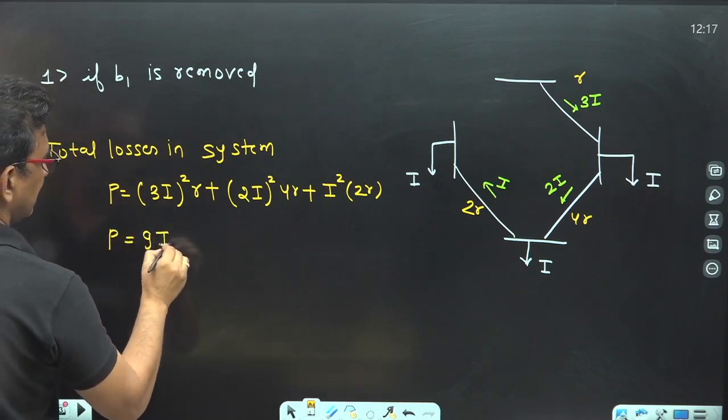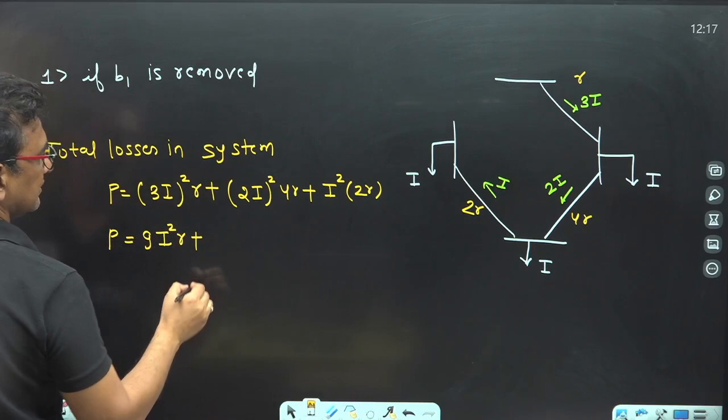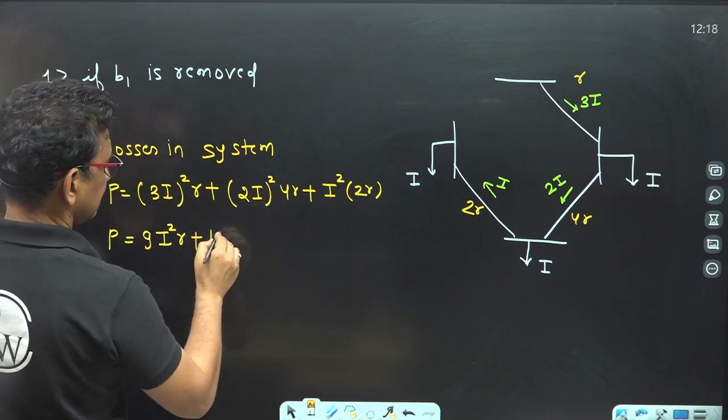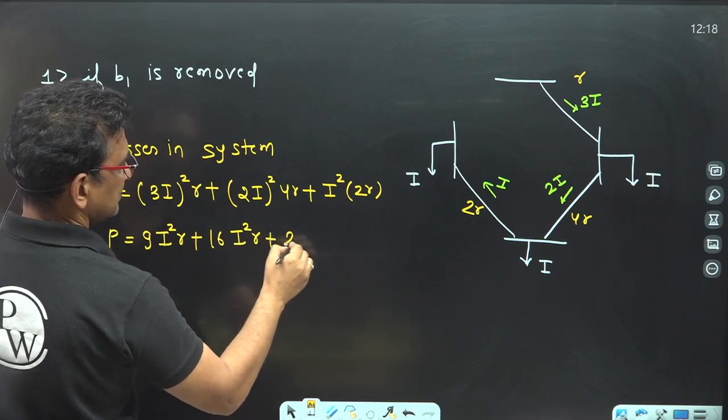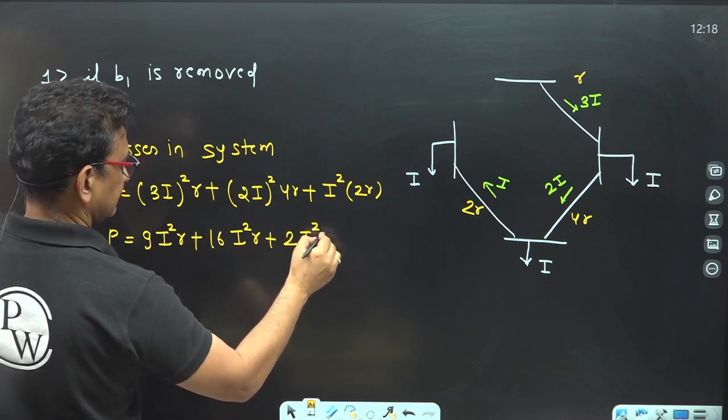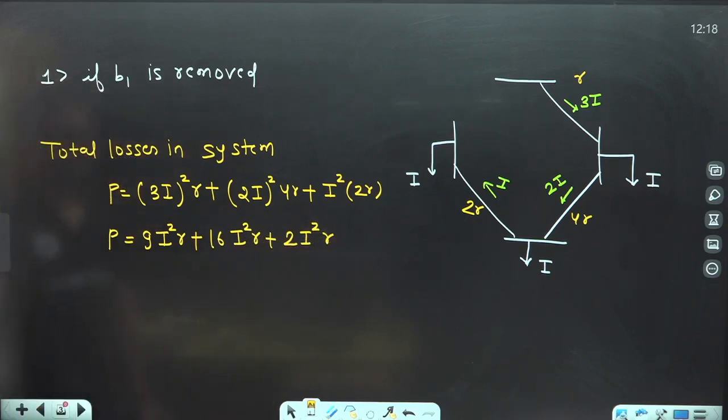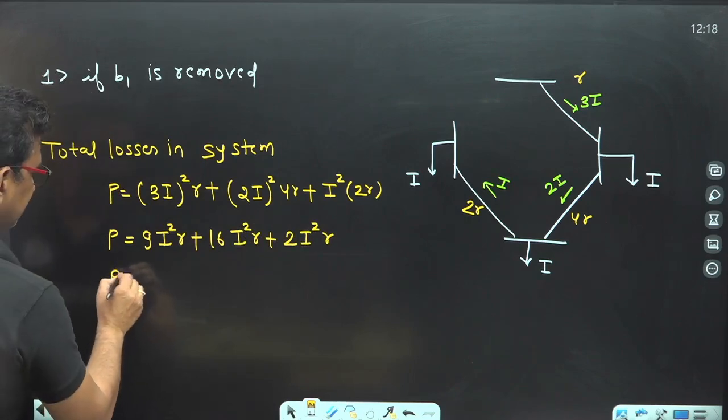That is 9I square R, plus 16I square R, plus 2I square R. So the total P is 27I square R.